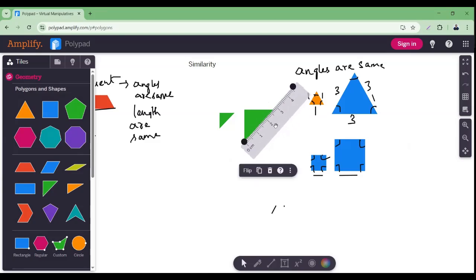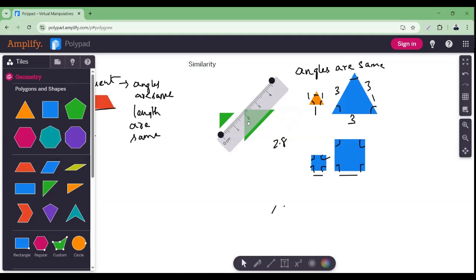How much is the side measure? This is 2.8, this side. Let's take this one. This is 1.4.